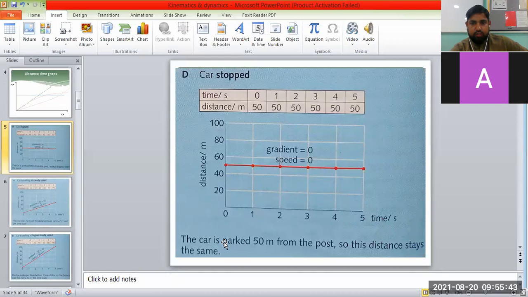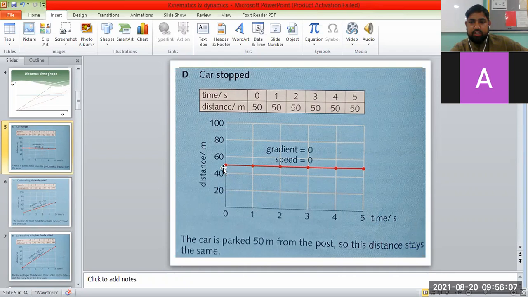In a distance-time graph, the speed is constant. Yes. Anyone else? Let me tell you, this is a distance-time graph, and a horizontal line means that time is increasing, but the quantity on the y-axis is not increasing or decreasing.